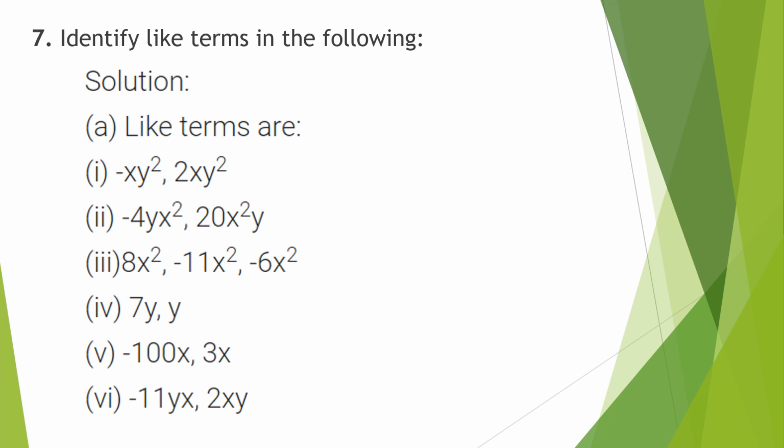And the next one, x square terms. 8x square, minus 11x square, minus 6x square. And in the fourth one, y term, variable y. Two are there, 7y and y. Fifth one, variable x. They are minus 100x and 3x. Now variable xy. They are minus 11yx and 2xy.